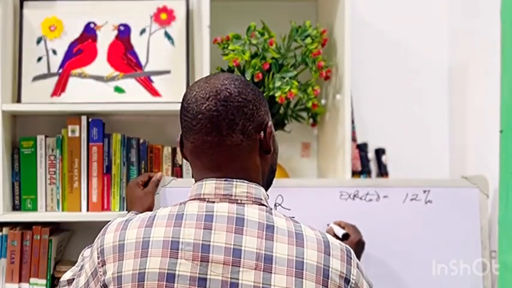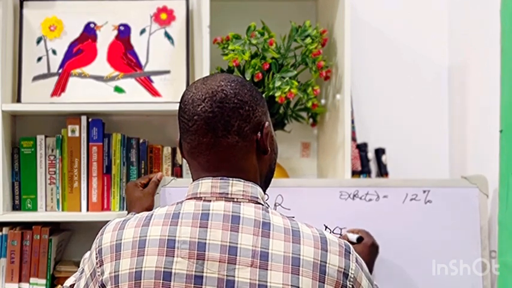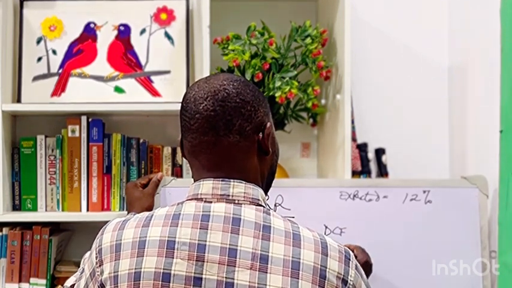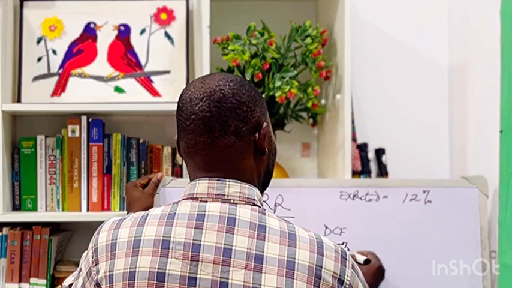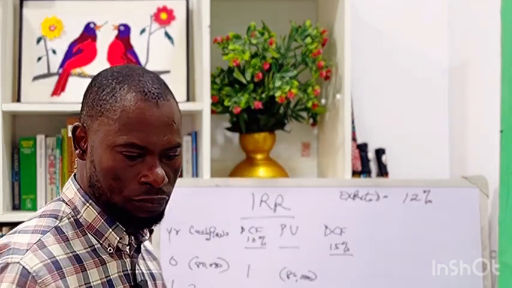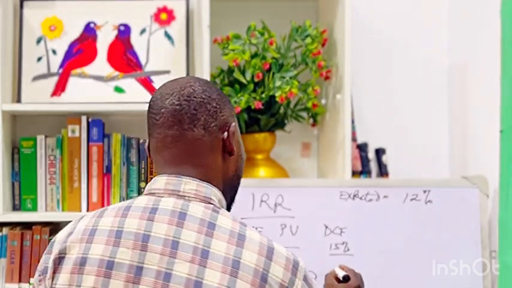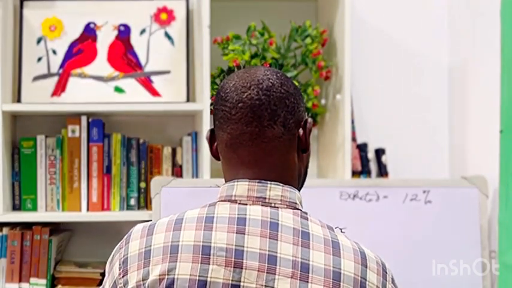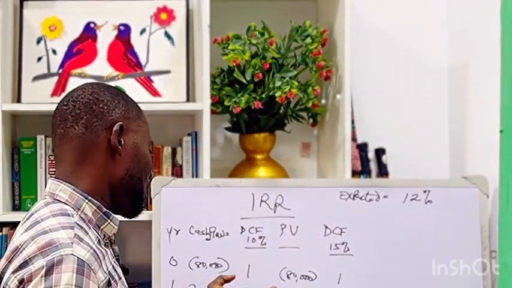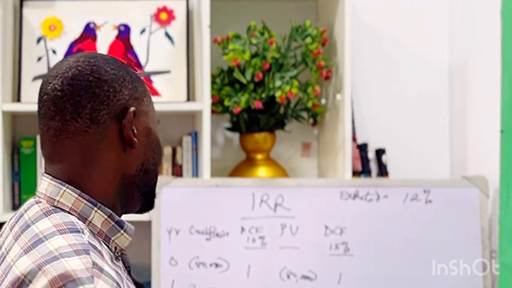And that will give us the DCF at 15%. Now, at 15%, of course, we know that year 0 is also going to give us 1. Just like this, the same thing applies. And then the next one is going to give us 0.870.